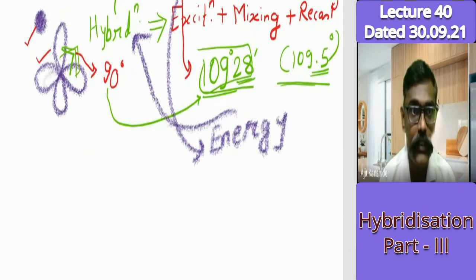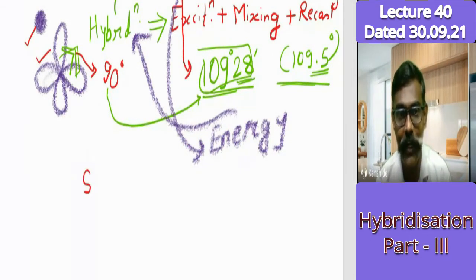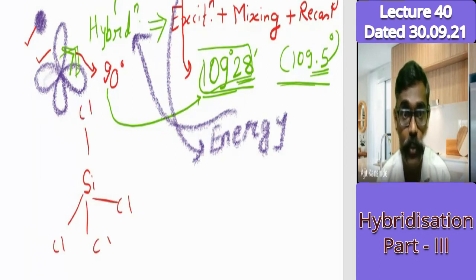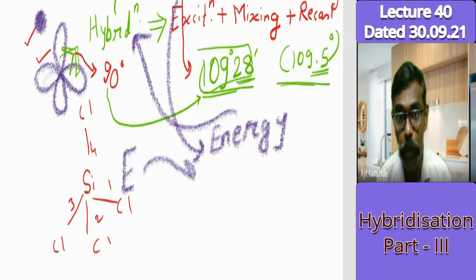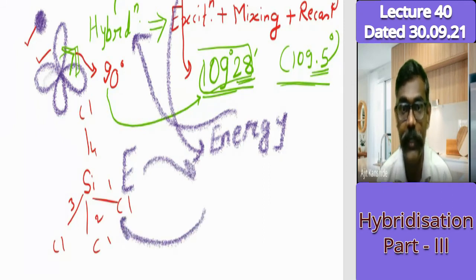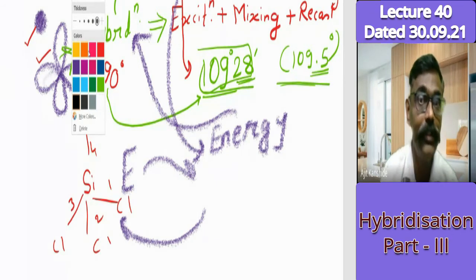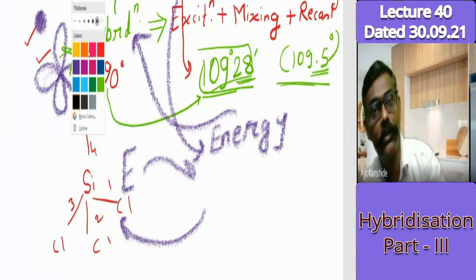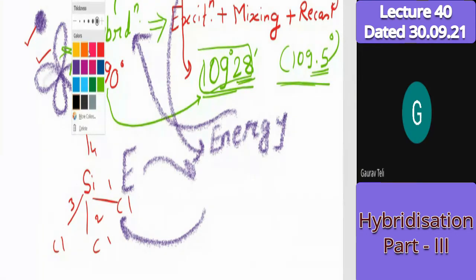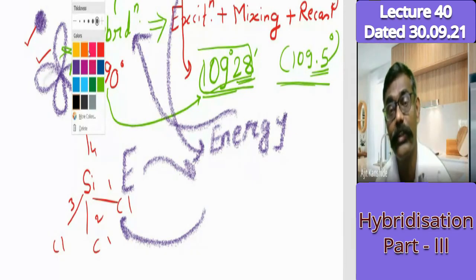If I consider silicon as a central atom, or carbon, forming bonds with 4 chlorine, after formation of these 4 bonds, will energy come out, or is energy needed? My question is, during bond formation, what happens? Energy comes out or energy needed? Energy comes out. Yes, energy comes out, it is exothermic.